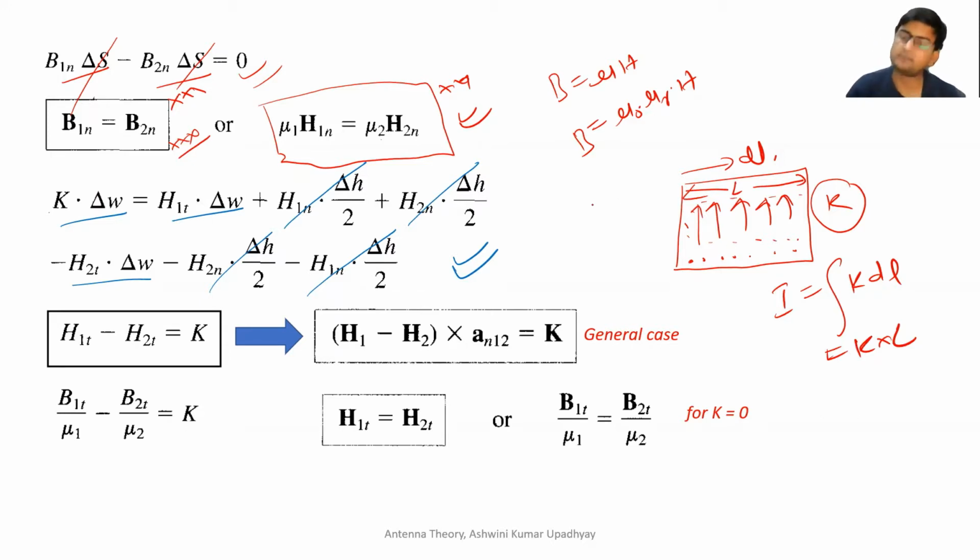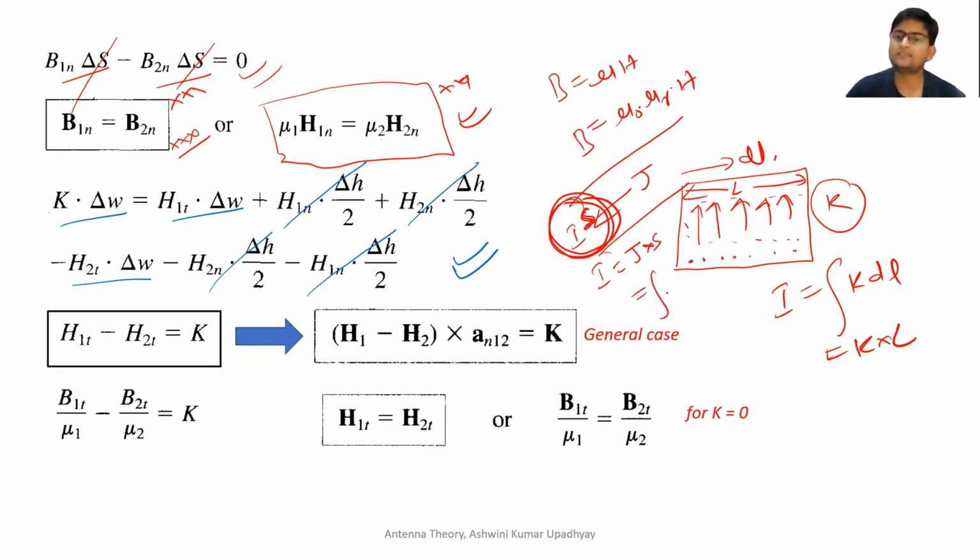Similarly, if you want to calculate the total current flowing inside a volume, and some current density J is given inside that volume, then the total current will not be a volume integral. Suppose this is a wire having a surface area of S, then the total current will be J into S, or you will have to take the surface integral of J with respect to surface.